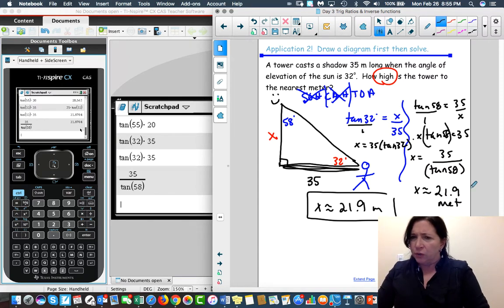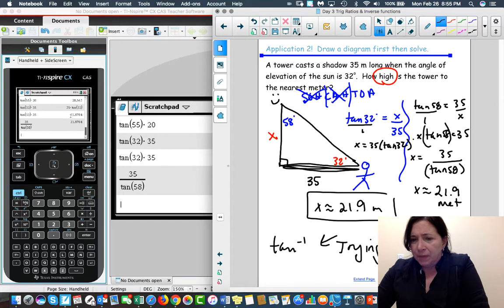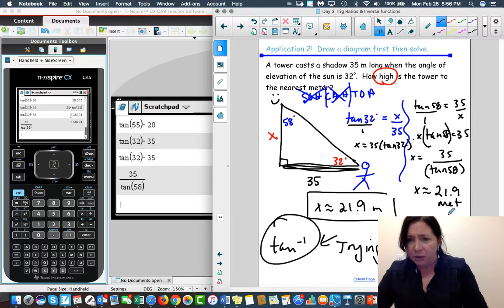Just a quick note. I want you to understand the difference between this problem and the previous problem from a couple of slides back. Remember when I was using arc sine or arc tangent? You use that when you're trying to find an angle, only. You only use the arc when you're trying to find an angle.